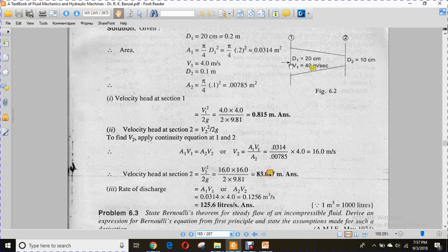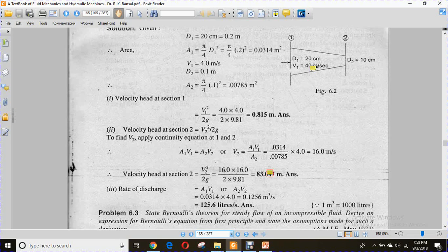At any point you multiply a1 by v1, and we get the rate of discharge, that is 125 liters per second. Meter cube per second is converted to liters per second by multiplying by 1000.